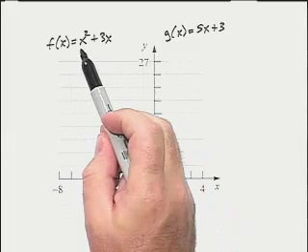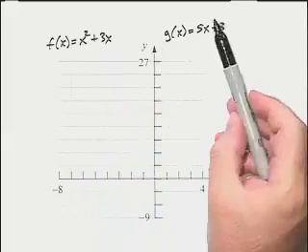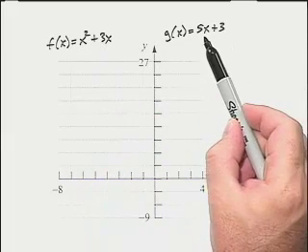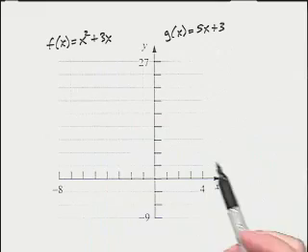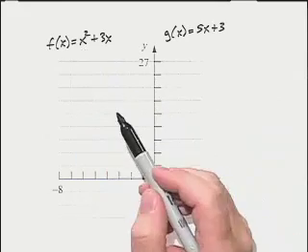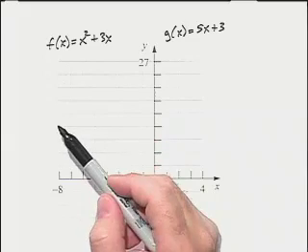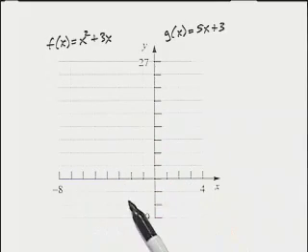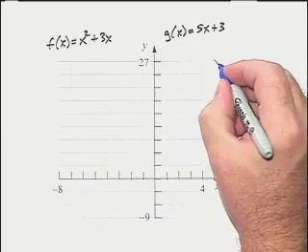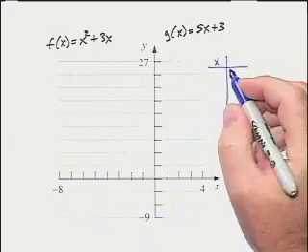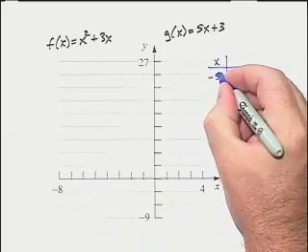We want to graph f of x equals x squared plus 3x, and g of x equals 5x plus 3. To graph the function, we could do this by plotting points. Pick some values for x, plug them into the function, and get points on our graph, and then connect the dots. For f of x, we might pick values, say negative 5.